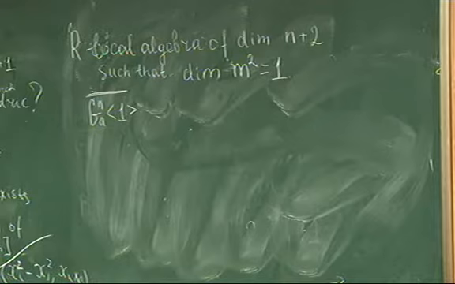And moreover, degenerate quadrics can be closures of orbits for some actions of absolutely different type.